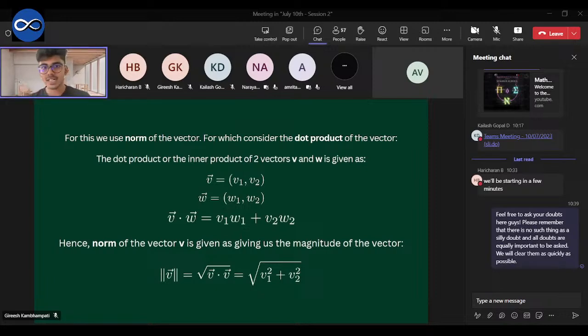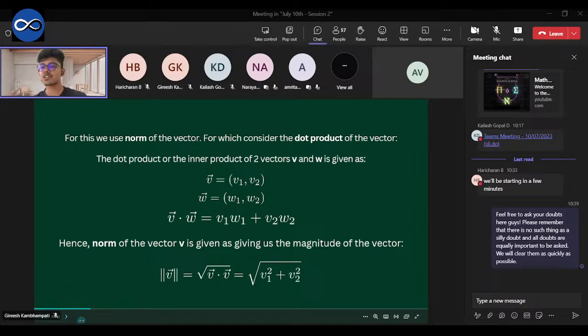And again, some properties of dot product. A dot product is commutative. That is, you could write w dot v or v dot w. It will give us the same result. I'm pretty sure it's basic stuff and you're familiar with it. So yeah, that is the dot product.